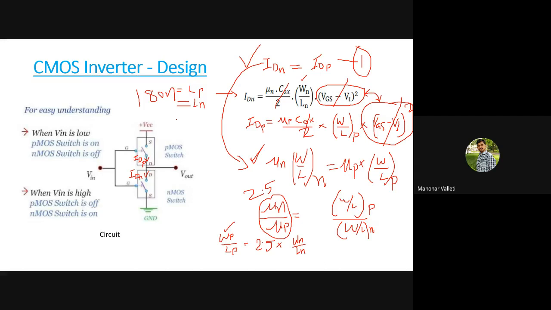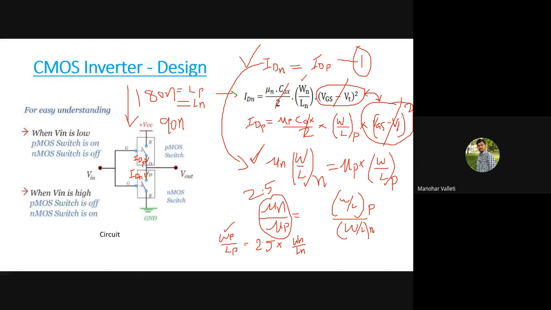If you simply change this Lp and Ln, it means you are working on some other technology. The 180 nanometer technology will support higher values, that is 1 micro. If you want to work on a 1 micro transistor, this 180 nanometer transistor itself will support it. But if you want to work on even lower numbers, let us say 90 nanometer, simply changing the value won't make it a 90 nanometer transistor.